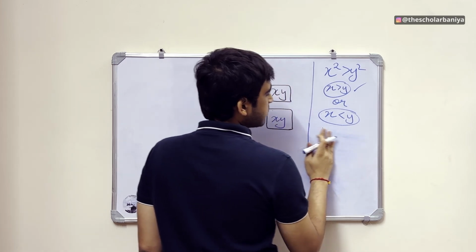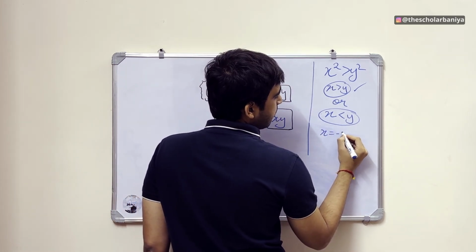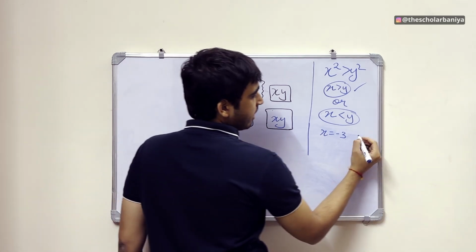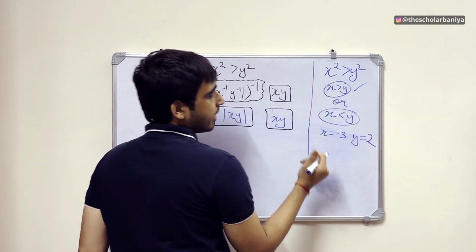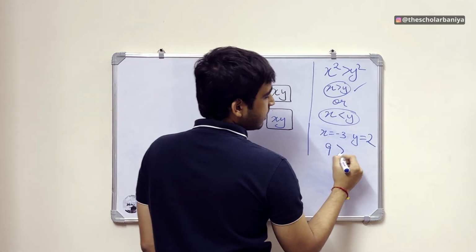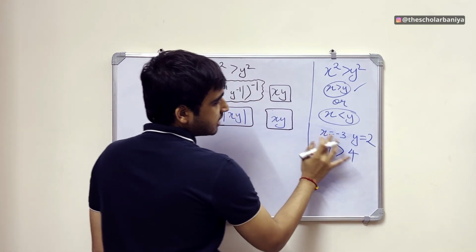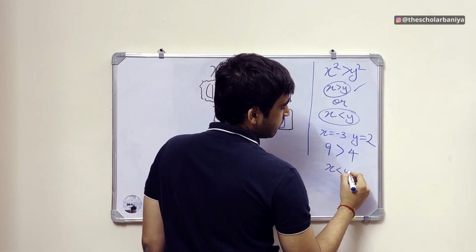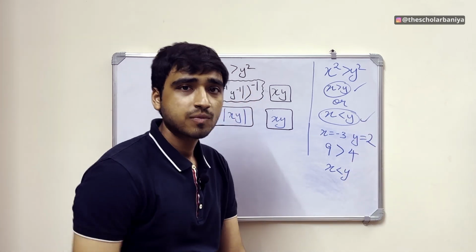Now, for instance, if x is equal to minus 3, right? And y is equal to 2, right? x square is 9, minus 3 square is 9, is greater than y square, which is 4. Absolutely right. But in this case, x is less than y, because minus 3 is less than 2. So this is also possible, right?